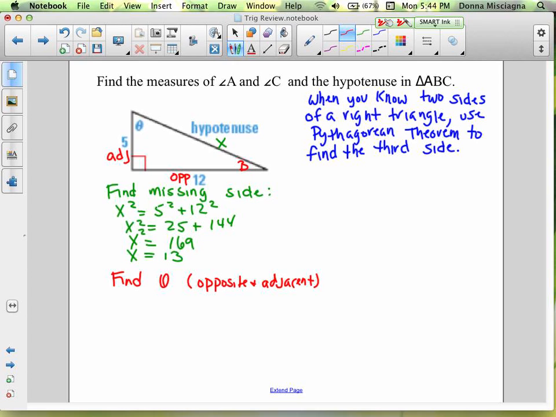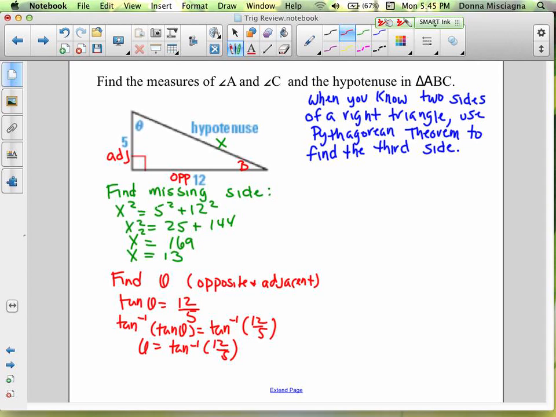All right, so we have tangent theta equals, tangent is opposite over adjacent, so it's going to be 12 divided by 5. To isolate your variable, take an arctan of both sides. Right, so arctan and tan cancel each other out. That's theta equals arctan of 12 fifths.